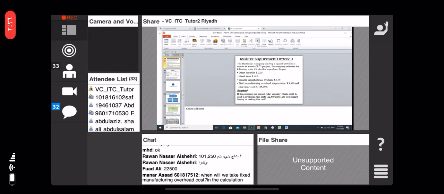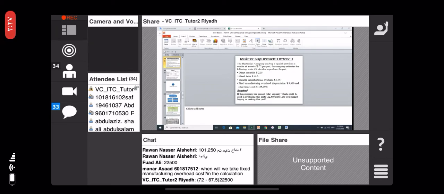You can find it by just going to purchases cost 72 minus the total cost for making 67.5, multiply by the units produced, 22,500. So you will get the same answer.